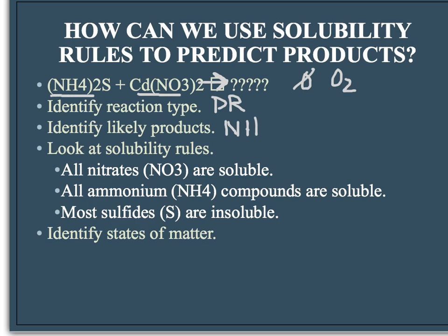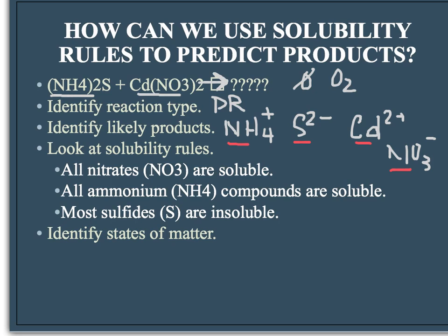So if we assume that every part of the compound dissociates into ions, we can show those ions individually, which is what I'm doing here. So we end up with ammonium, which is a positive ion, sulfide, cadmium, and nitrate, which is a polyatomic ion.